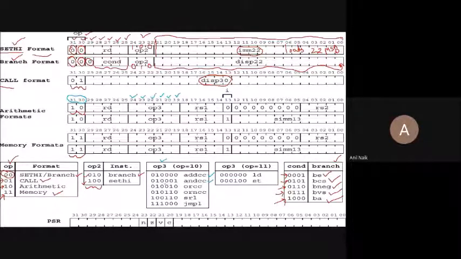AND means logical and, with code 010001, then ORCC 010010. You have to remember this table because we are not studying in detail. In this table, some important instructions are mentioned.